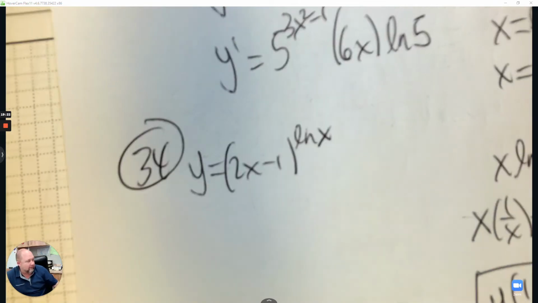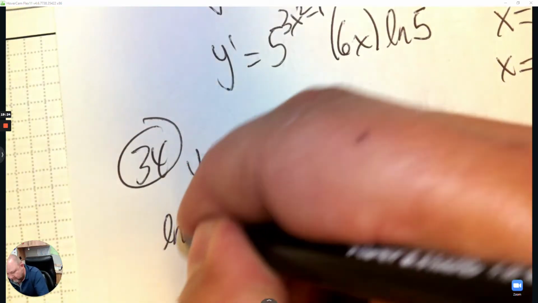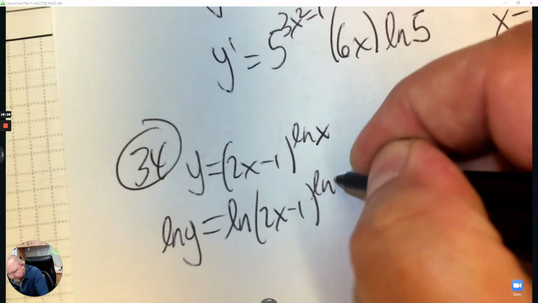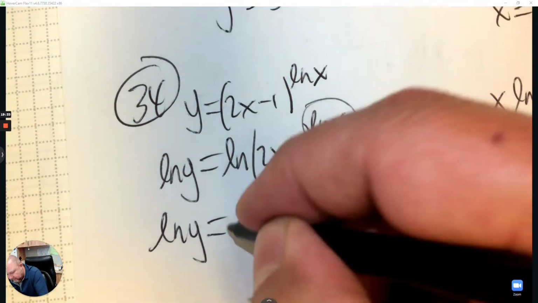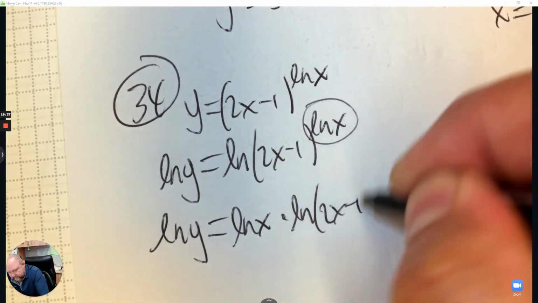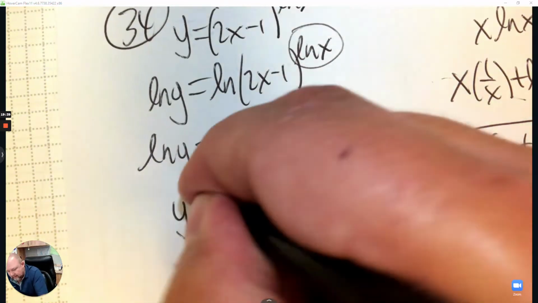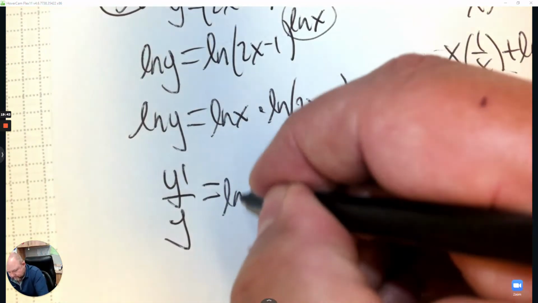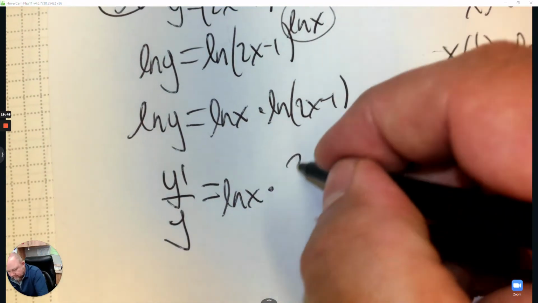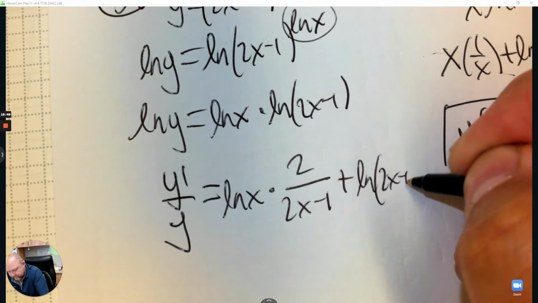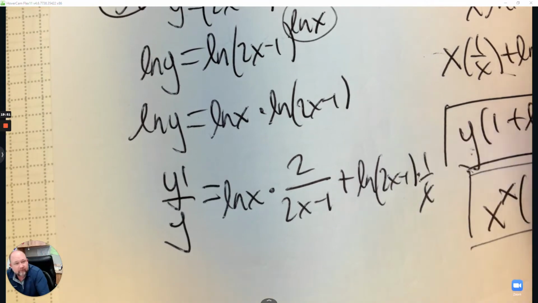Again, I think I'm going to do a logarithm. So I'm going to do it that way. Ln. Use a property of logarithms, so the exponent. Now, this is y prime over y. The first times the derivative of the second plus the second times the derivative of the first.